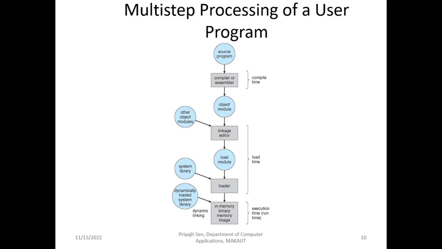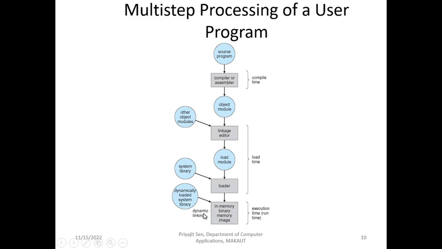Then you have to call the linkage editor, and that linkage editor will link the object modules. Finally you have to call the load module, and using the loader you can get the in-memory binary images.